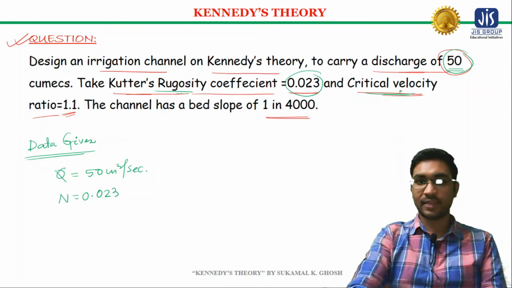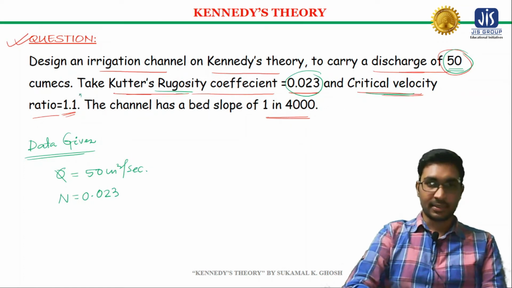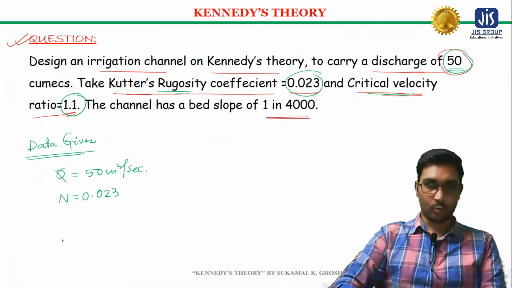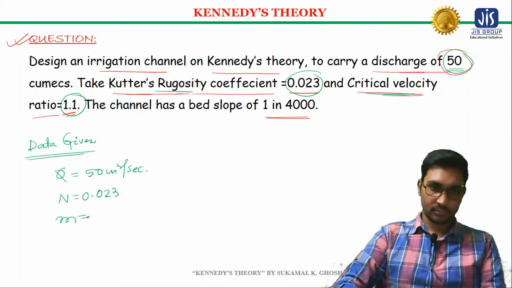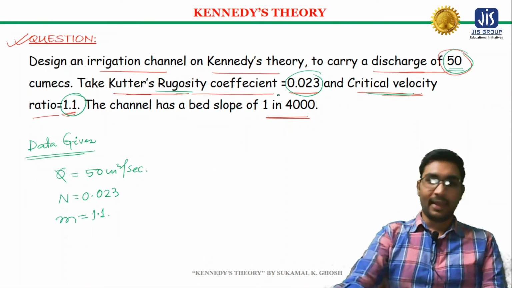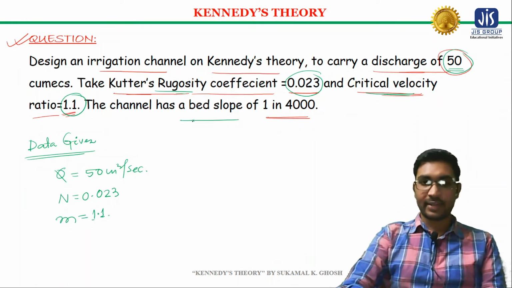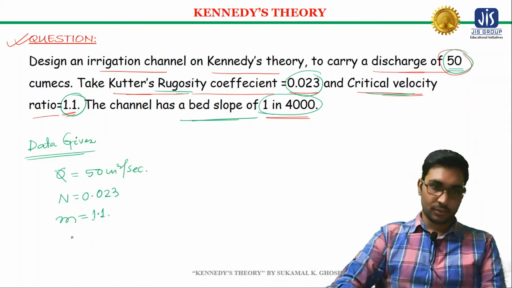The critical velocity ratio means the value of m is 1.1. And the channel bed slope is 1 in 4000.